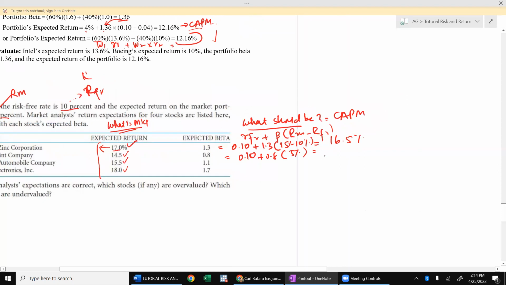The answer is 14%. Now let's calculate all of that. 0.10 plus 1.1, 5%, meaning 15 minus 10%.